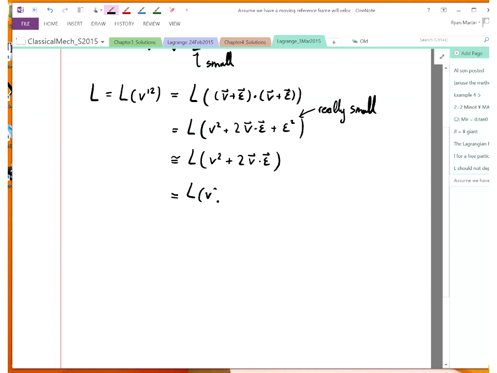If I do a Taylor series of that about V squared, 2V dot epsilon is small. That's going to be roughly equal to L of V squared plus, doing the Taylor series, ∂L/∂(V squared) times 2V dot epsilon plus other terms.